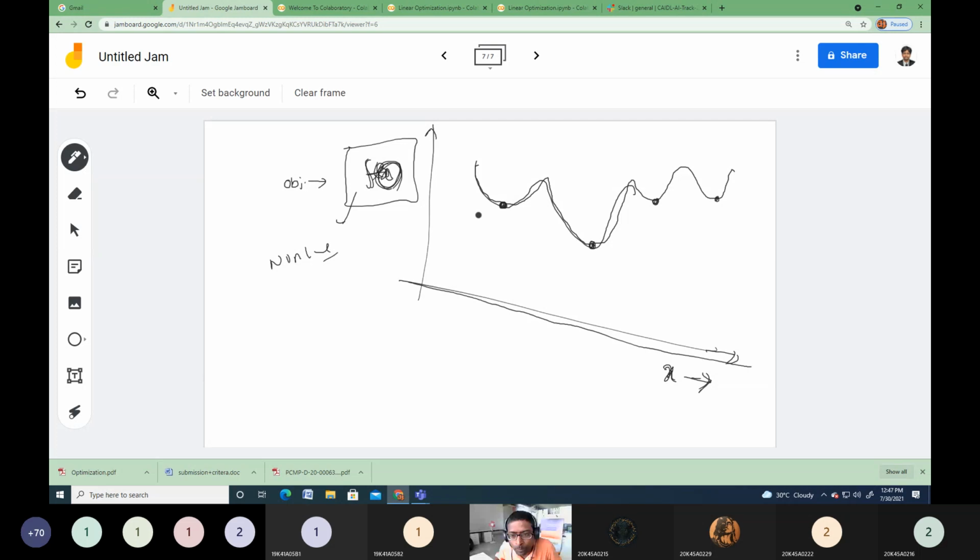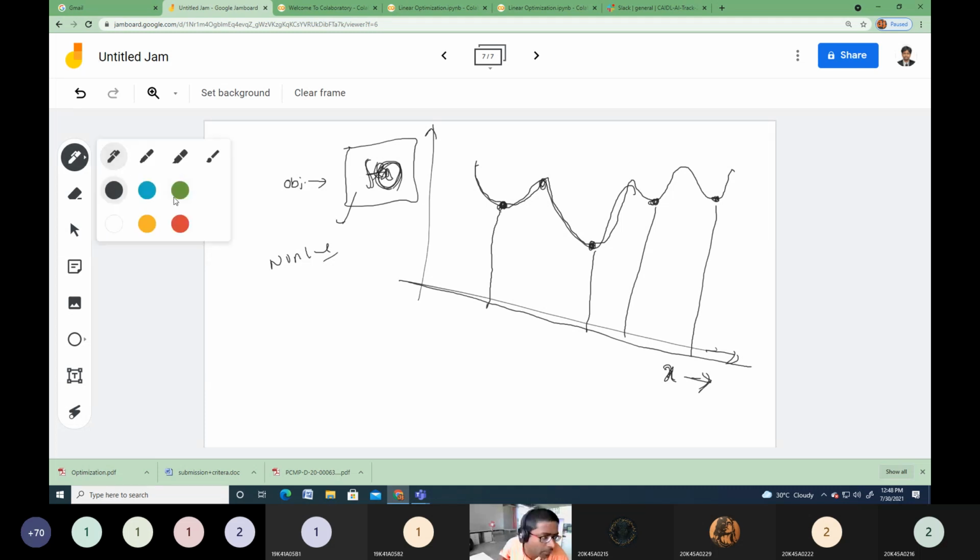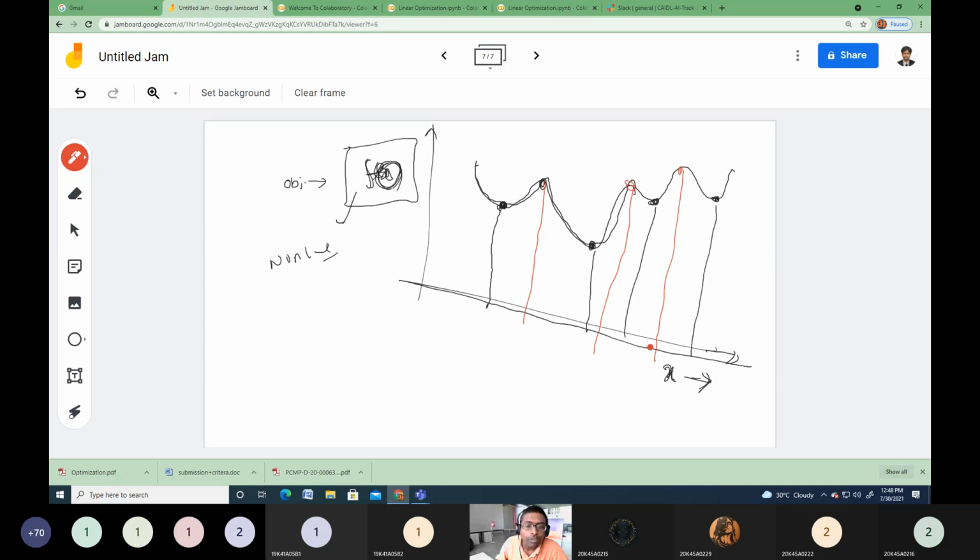If you draw the plot, it will be like this, with multiple optimal points or multiple minimum points. Here we have a minimum value for the function, and here also, and here also, and here also. Coming to here, we have one maximum value, and here another maximum value, and here, and here another maximum value.